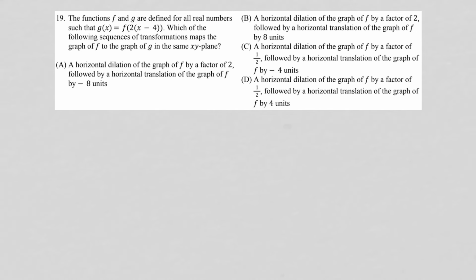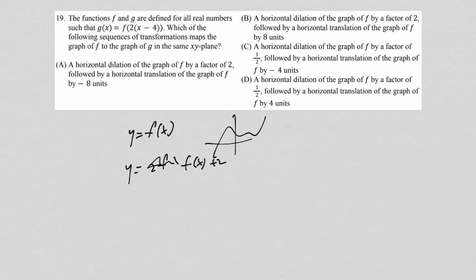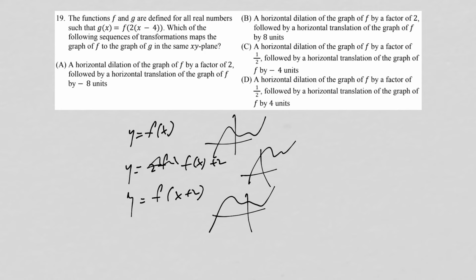If you have a function, y equals f of x, and it has some kind of graph, whatever it is, let me do this in a nice order. F of x plus 2 would shift this thing up by 2. F of x plus 2 like that would shift it to the left by 2.